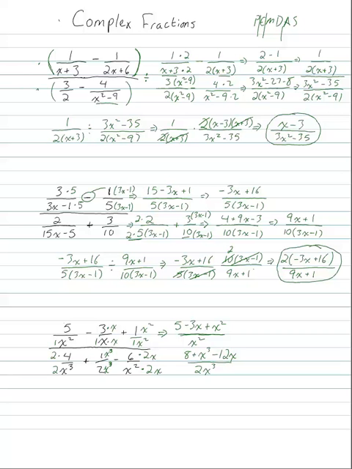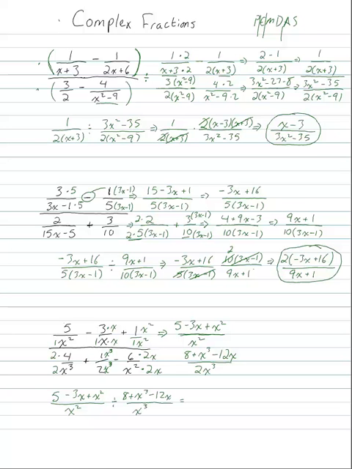Okay, so let's go ahead and see if I can divide these. So I have 5 minus 3x plus x squared all over x squared divided by 8 plus x cubed minus 12x all over x cubed.